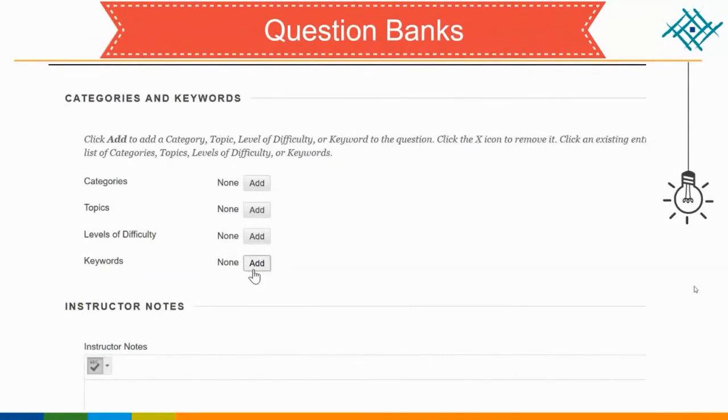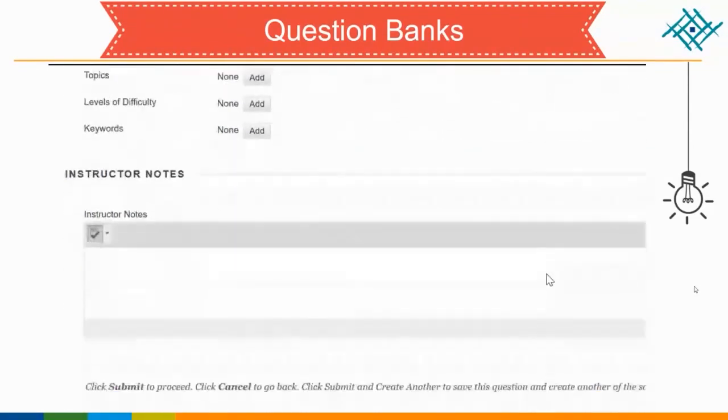I can just click add and type in a term, and that will apply the keyword to this question. That can be useful for pulling in questions from a pool of questions of a particular type into a test or another pool. I can search by keyword, level of difficulty, topic, or category.